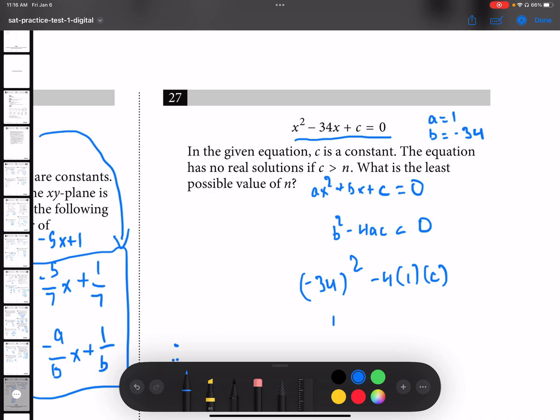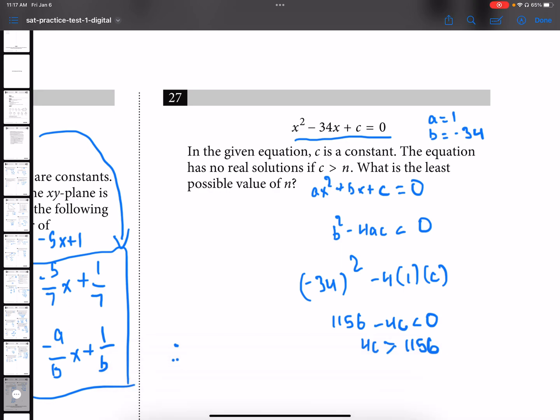That'll give us 1156 minus 4c. Now, when it has no real solutions, that means that it's less than 0. And now we just solve for this. We take 4c to the other side, so 4c is greater than 1156.